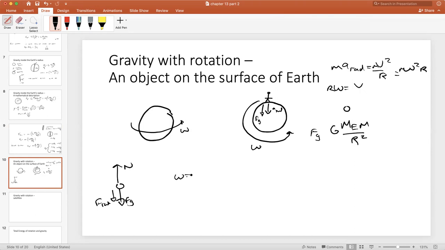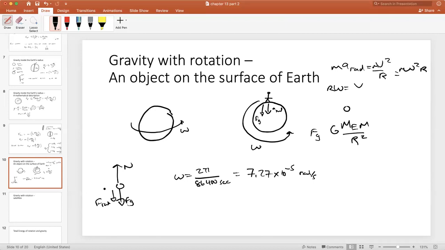Now the Earth rotates through 2 pi rads in 86,400 seconds, the number of seconds in a day. That means that Earth has an angular speed of 2 times pi divided by 86,400, which is 7.27 times 10 to the minus 5 rads per second.